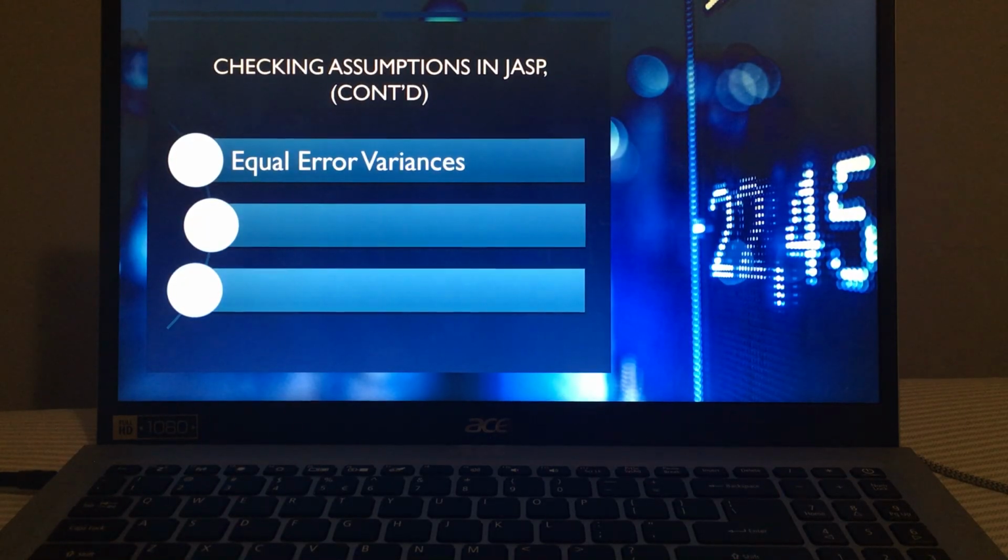In addition to these four assumptions of simple linear regression, there is a fifth that is sometimes included, and that is that there are no outliers, no really significant or bad outliers.